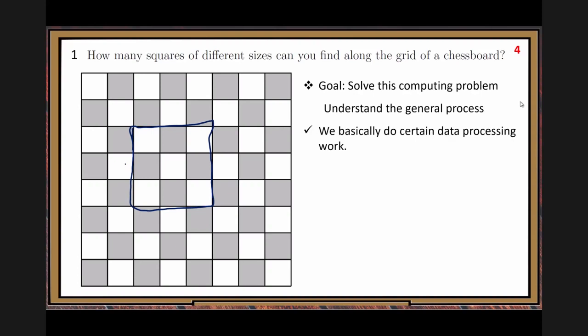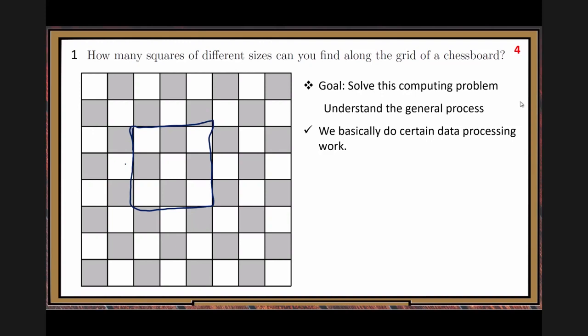Now, I use this example to explain the typical procedure for problem solving, when we treat this as a computing problem. When we solve a computing problem, we need to do data processing, work on the data.